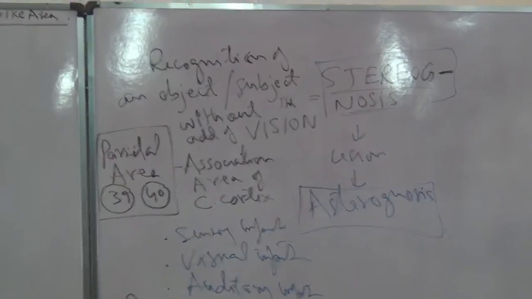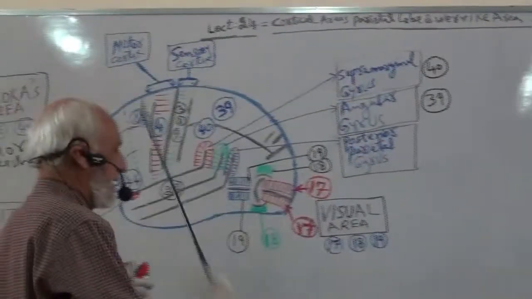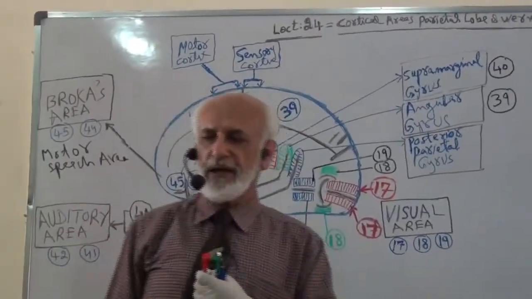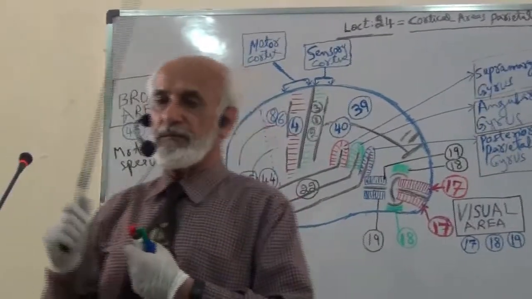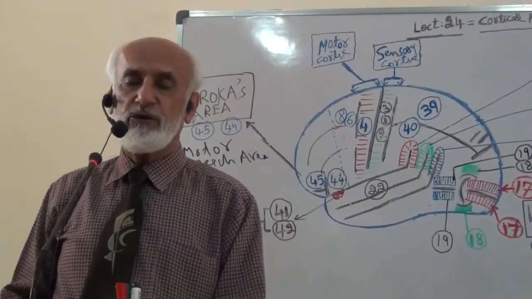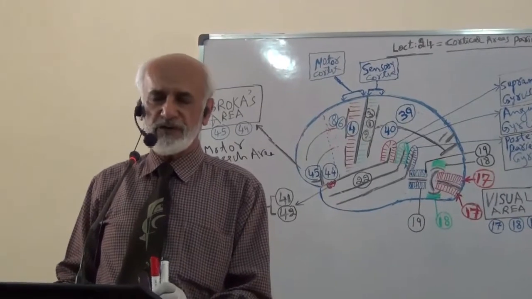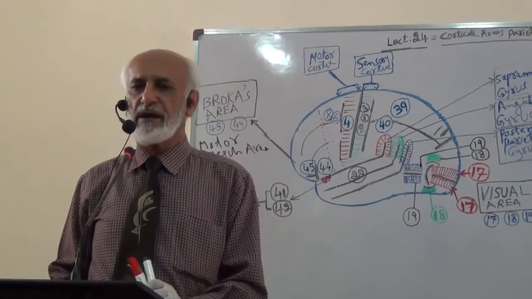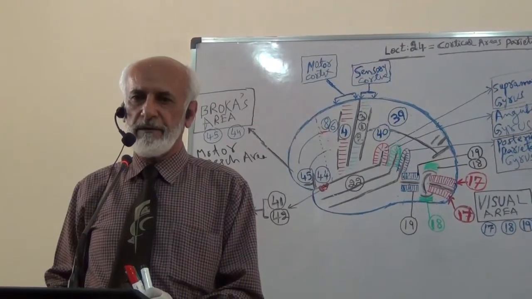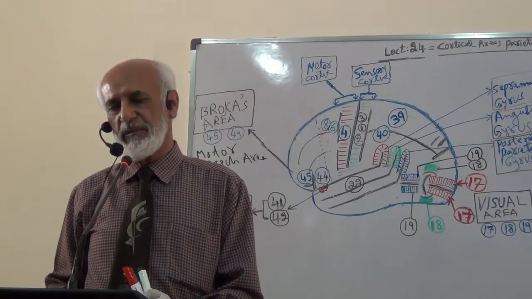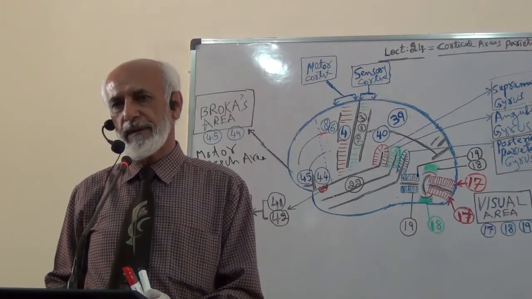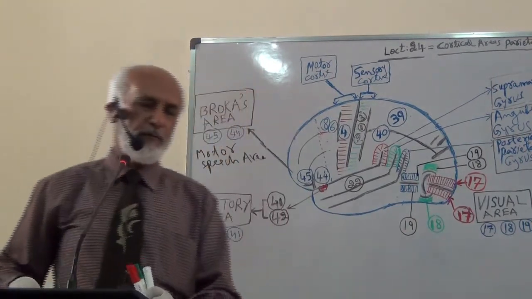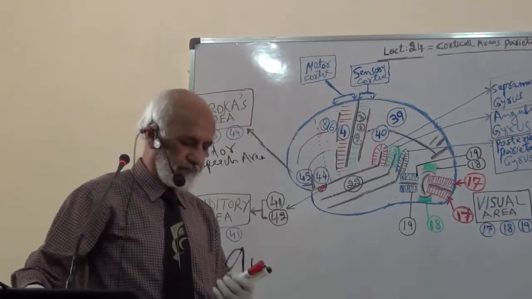So this is also an important function of area number 39 and 40, that even without vision, without seeing the object, you can recognize an object using your past experience.